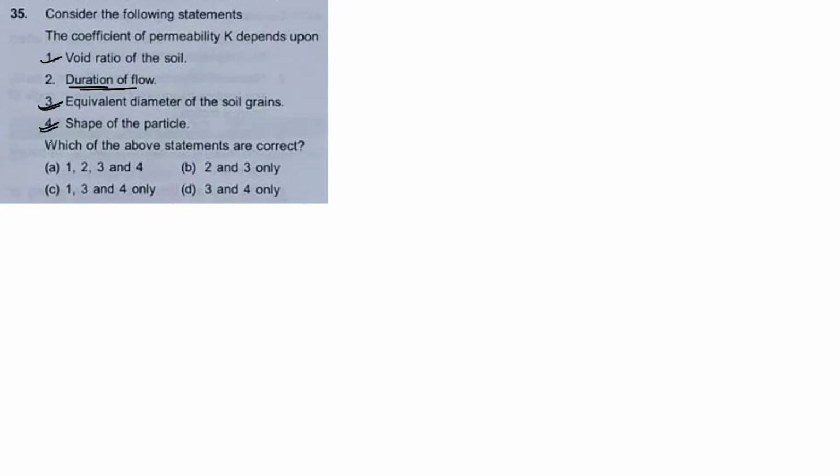This is K equals gamma_w upon mu, times e cubed divided by 1 plus e, times 1 upon some constant, times specific surface area squared. So 1, 3, and 4 is correct. Option C is the correct answer.